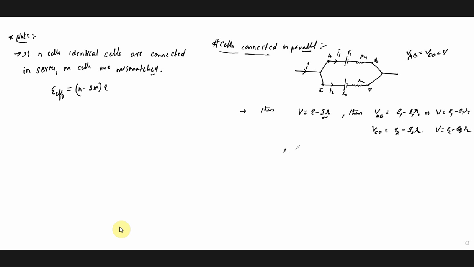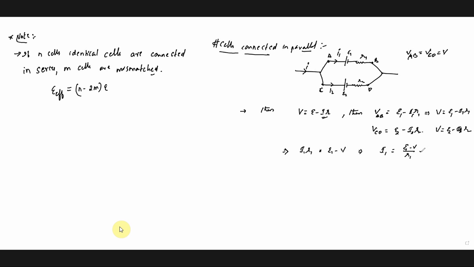That implies I1 R1 is equal to E1 minus V, or I1 can be taken as (E1 minus V) by R1.